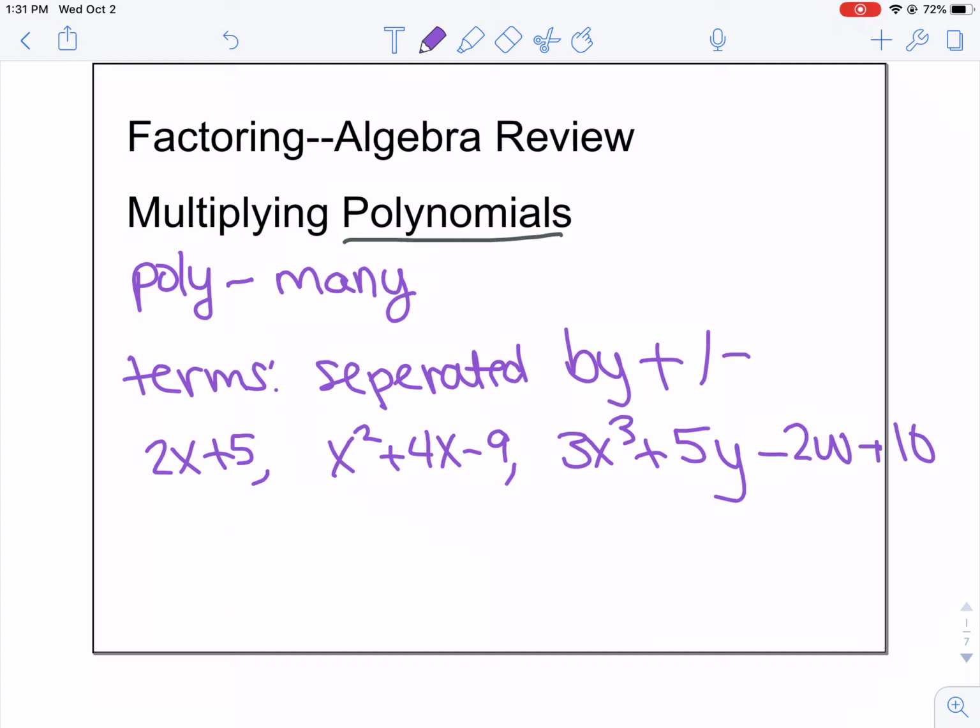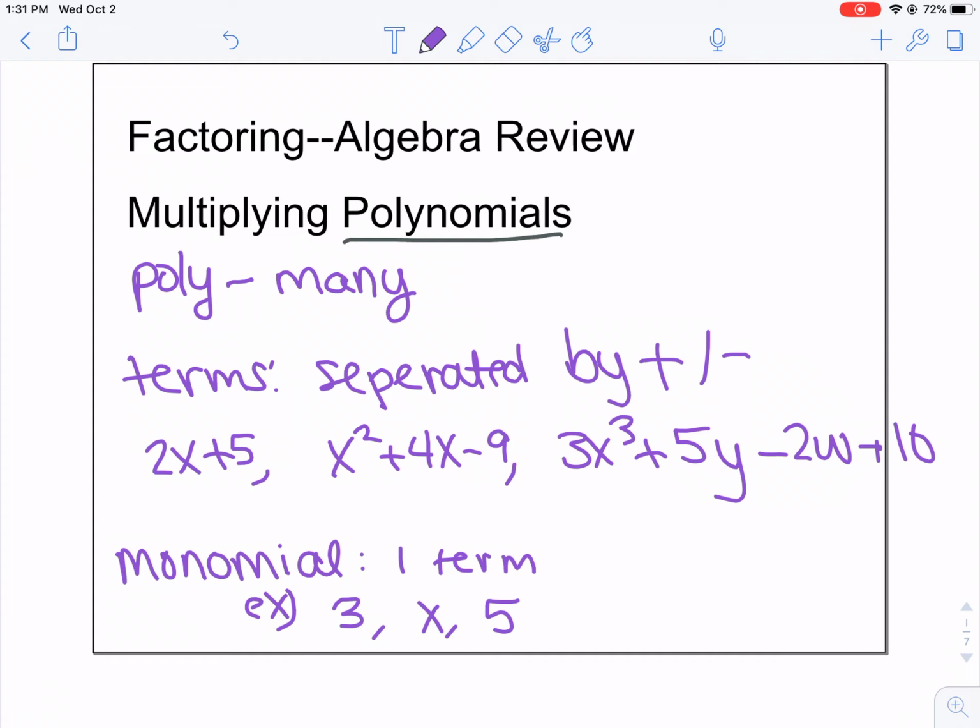Now we have specific names for a certain number of terms. If I have one term, that's called a monomial. Examples would be 3, x, 5, -2, just one thing.